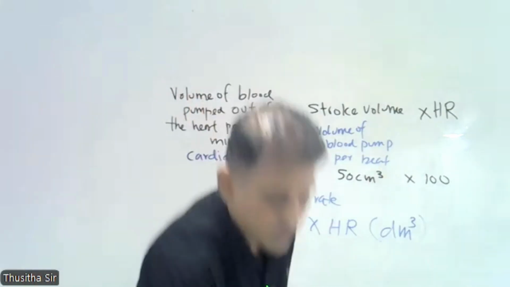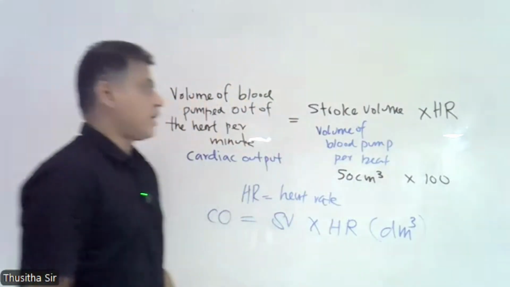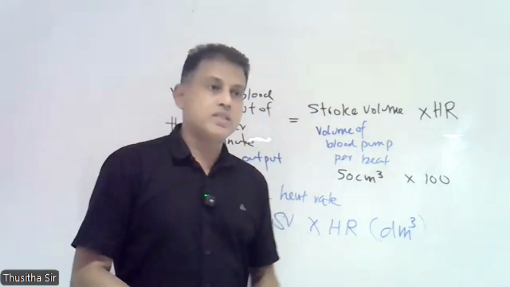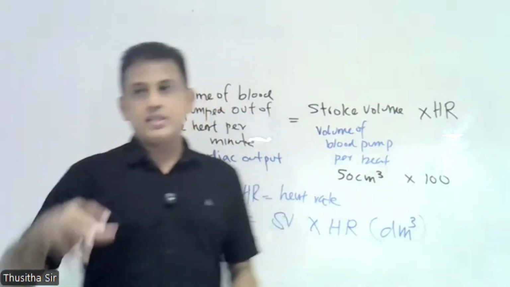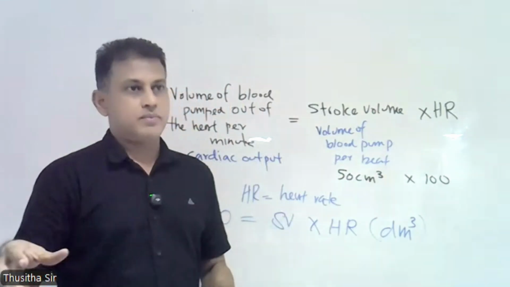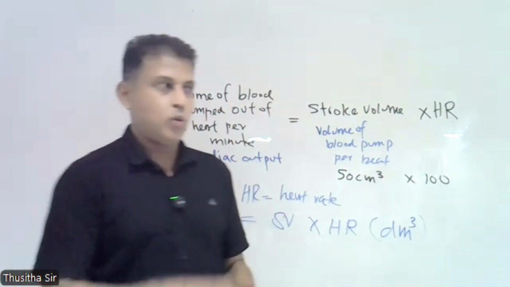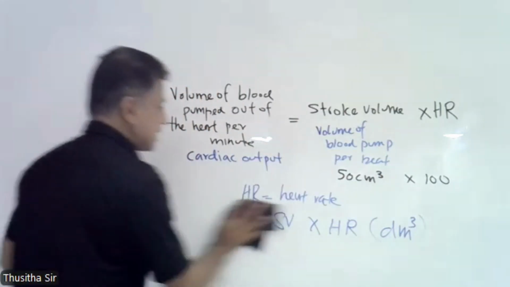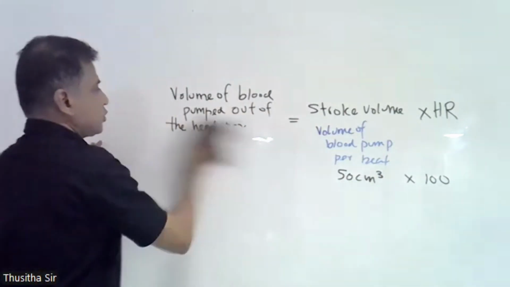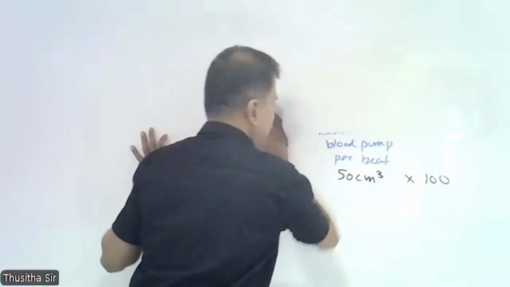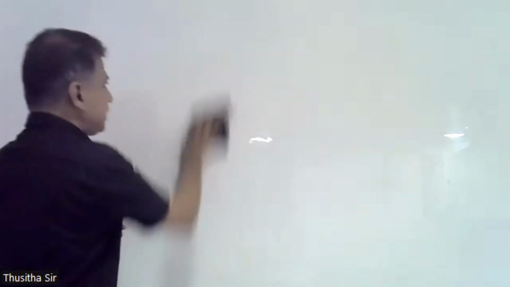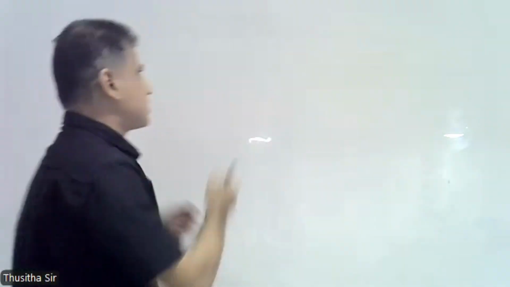Before we learn the control of heart rate, we should know a little bit about the nervous system, because heart rate is increased by the nervous system, the brain. So we need to know the organization of the nervous system to the heart and to the whole body. So we come to the whole organization of the nervous system.